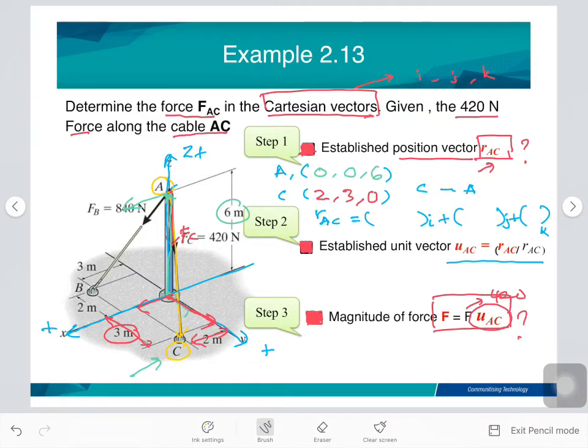So unit vector is position vector divided by its magnitude. Then you can solve for the force in Cartesian.